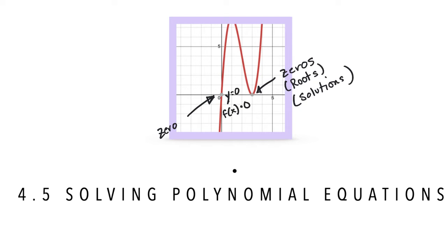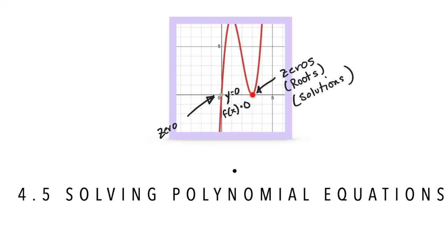And we can actually see the x value where that happens. So for example, this one here on the left, the x value where it crosses the x-axis is right here at 0. So 0 is a zero, we say. And it also touches the x-axis right here. So the y value comes down and y gets to 0.